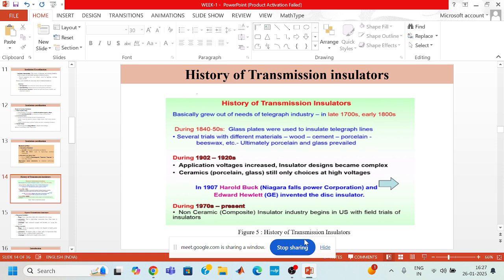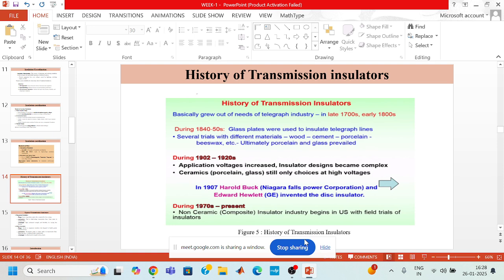After that, during 1902 to the 1920s, applications of voltages increased, and insulator designs became more and more complex. Still, ceramics were the only choice at high voltage. In 1907, Harold and Edward invented the disc insulators.